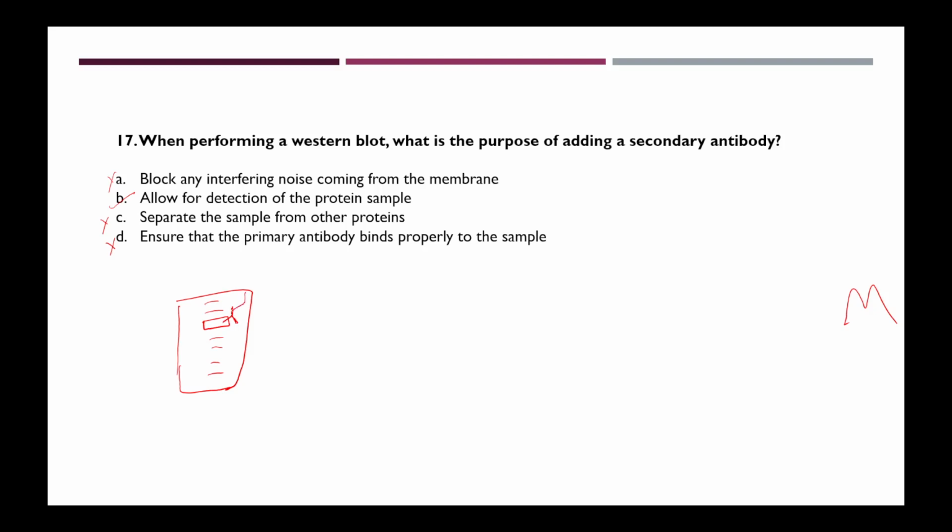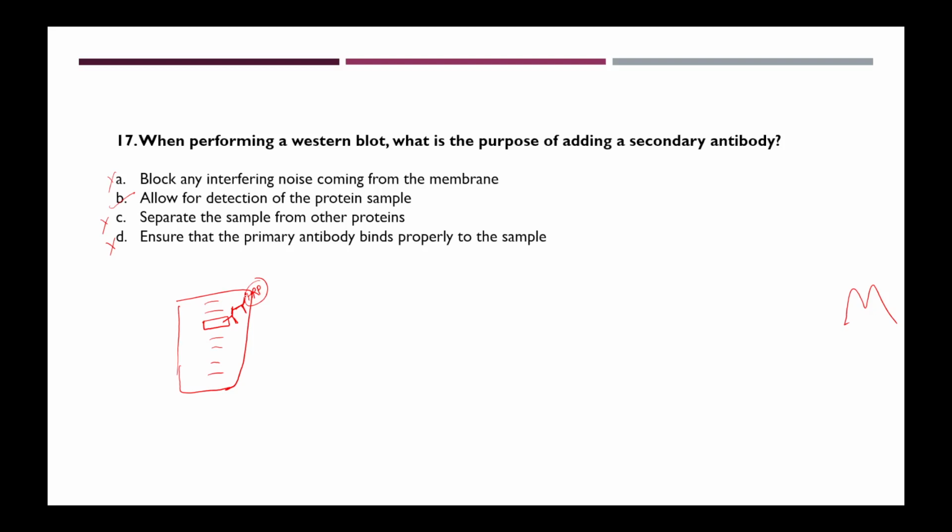The secondary antibody binds to the primary antibody, and this secondary antibody is conjugated with horseradish peroxidase. This only helps in the detection of the protein sample. It does not ensure primary antibody binding, because the primary antibody has already bound to the protein. You give secondary antibodies so that you can detect, because the primary antibody doesn't have any signal to give the band.